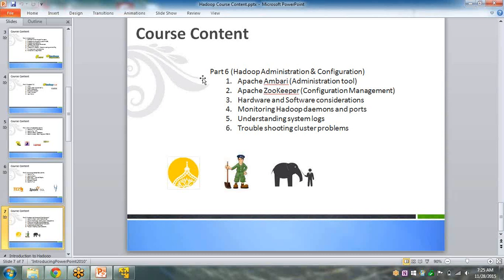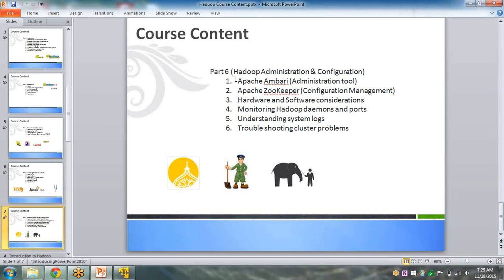But recently a new framework came in, Apache Ambari. With a GUI, you can control much of the administration aspect, like adding new nodes or duplicating them, modifying or stopping some daemons, or extending the security or availability of the daemons. Everything can be controlled through Apache Ambari. So this is the one we'll discuss in the sessions.